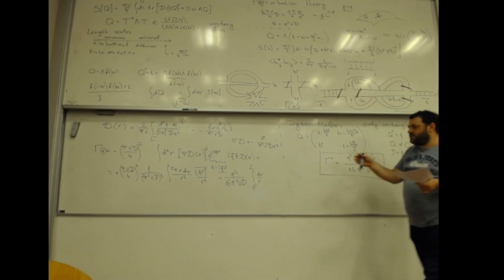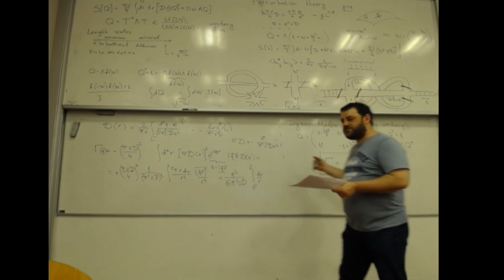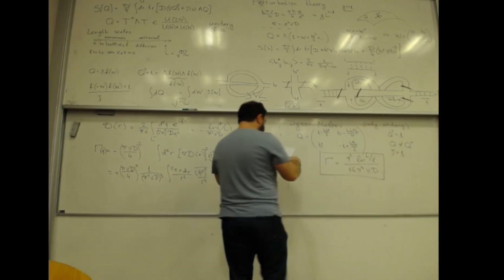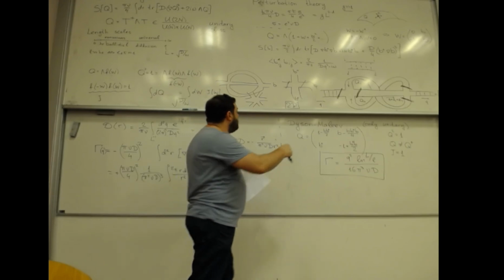My point was not to compute it exactly, but to extract the coefficient in front of Q squared. And this is a correction to the diffusion constant, and it's quite easy to understand what it does.